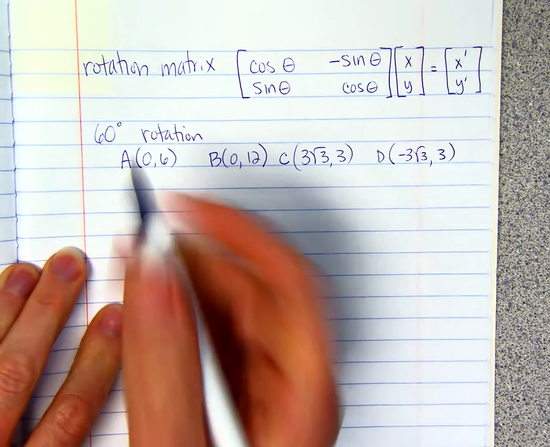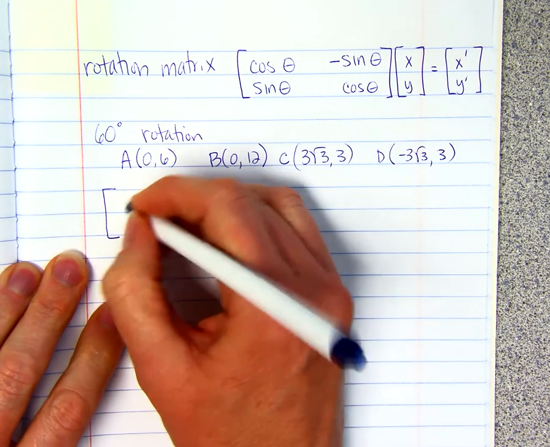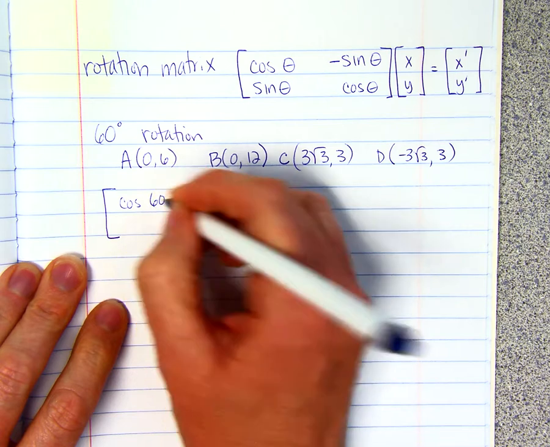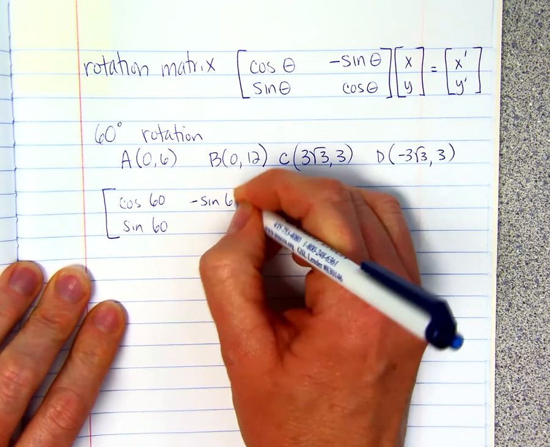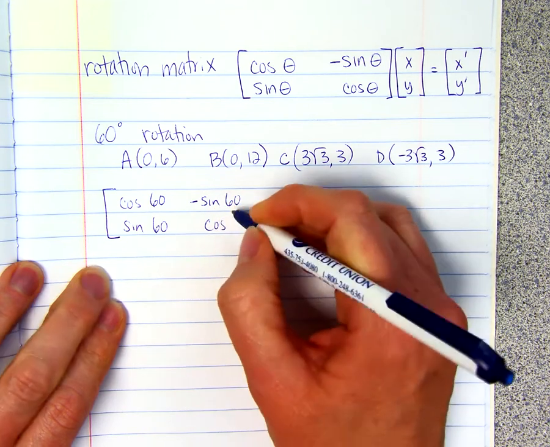Because it's 60 degrees, we just do cosine of 60 over sine of 60. In the second column, negative sine 60, cosine 60.